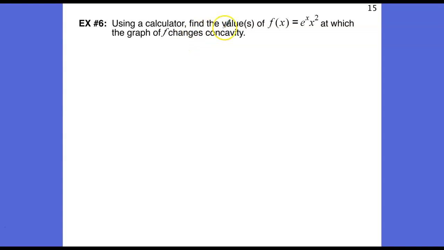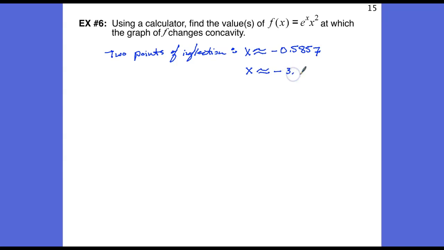So they wanted us to find values at which the graph of f changes concavity, so we can write that there are 2 points of inflection, and we'll report those to 4 decimal places. So x is approximately -0.5857, and x is approximately -3.4142.